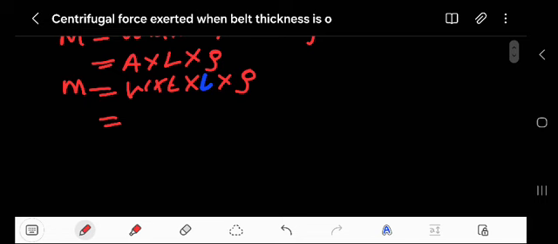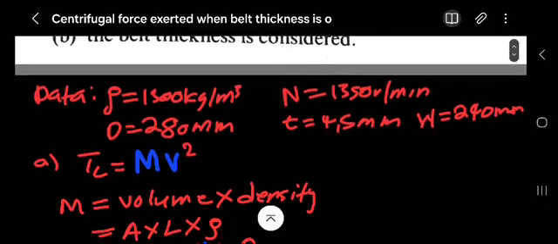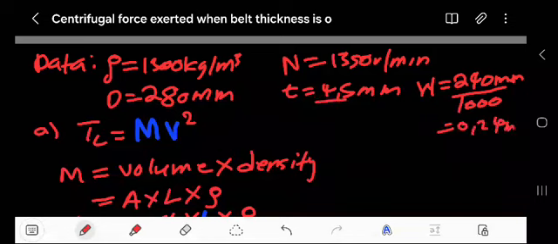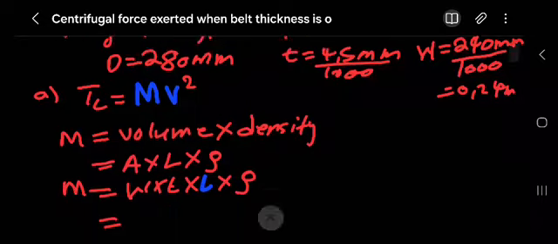The width is given in millimeter; if you divide by 1000, you get 0.24 meter. Everything you divide by 1000 to be in meters.